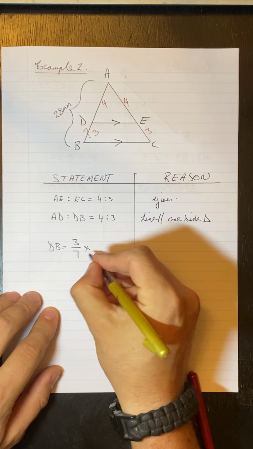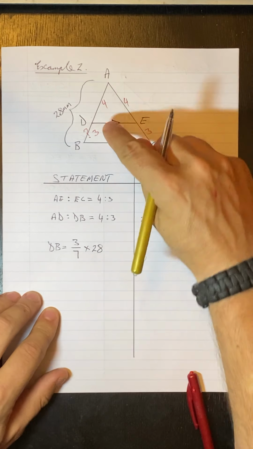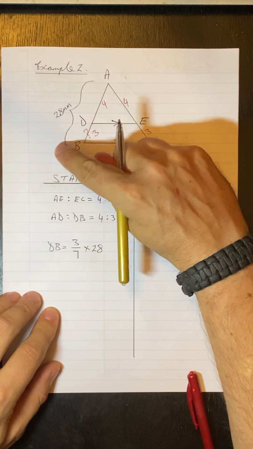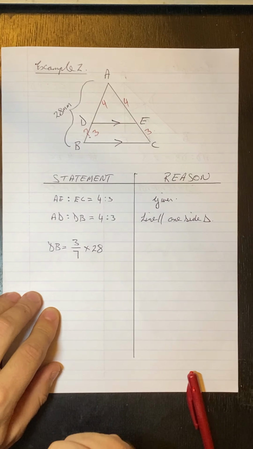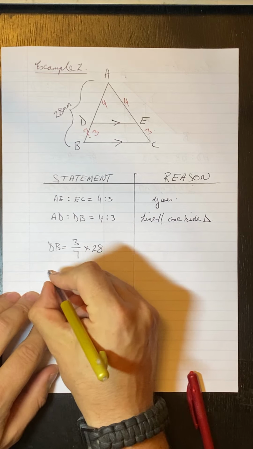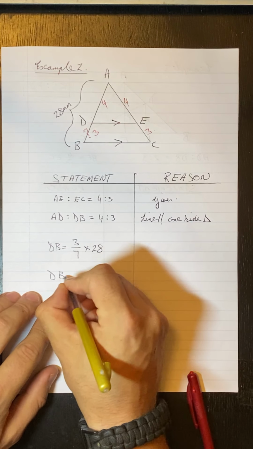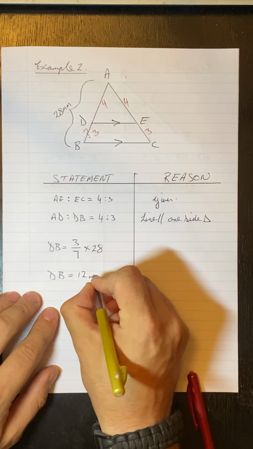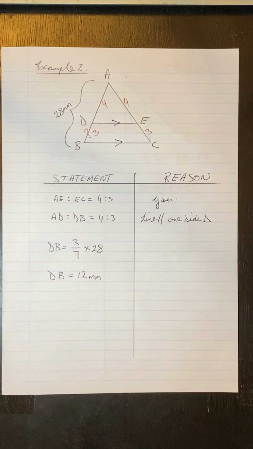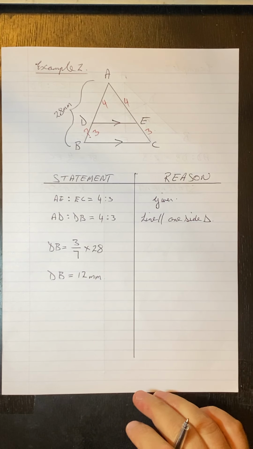And we're going to multiply that by 28, because it's 3 parts out of 7 parts gives us this total length of 28. And then you can calculate what that is. It will give you 12 millimeters. Okay. On to example 3.